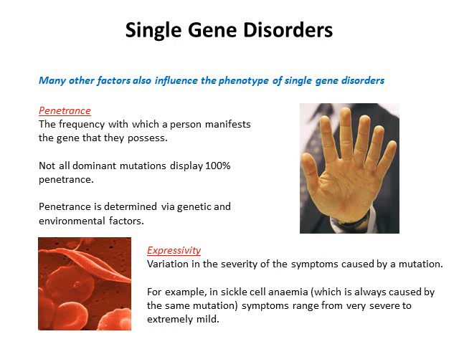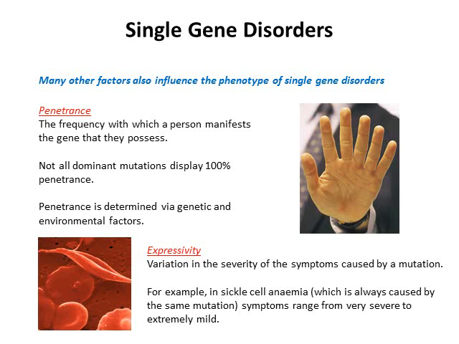There's a similar phenomenon which is often confused with penetrance, and that's expressivity. So if penetrance is the likelihood that you will display the associated phenotype if you have the mutation, expressivity reflects the fact that there can be variation between phenotypes associated with a mutation.